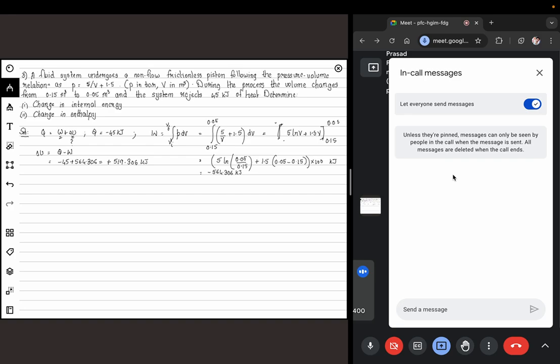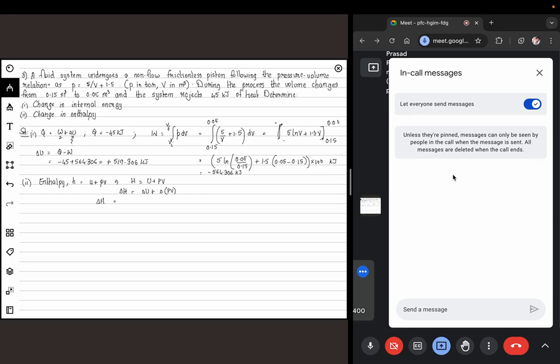Now coming to the next point, how do I calculate the change in enthalpy? Enthalpy is again a property, a state function. H is U plus PV, specific or in the general form. I'm asking for the change in enthalpy, so delta H is delta U plus delta PV.